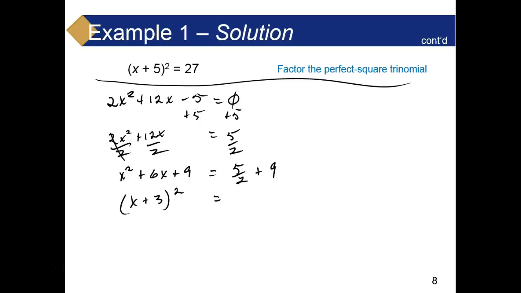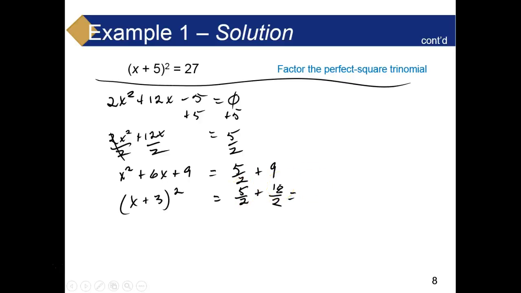Let's say, I think in terms of food, 9 pies up here. All right, okay. 9 pies. And I cut each one of them in half. How many halves? Aha, we have 18 halves. So 9 is 18 halves, right? So this is 5 halves plus 18 halves. And we know what that is, don't we? 5 plus 18.